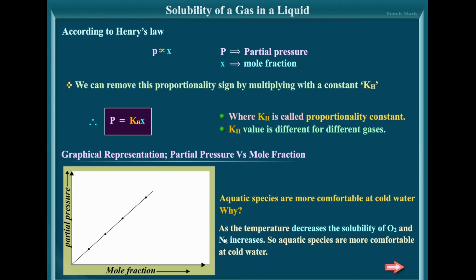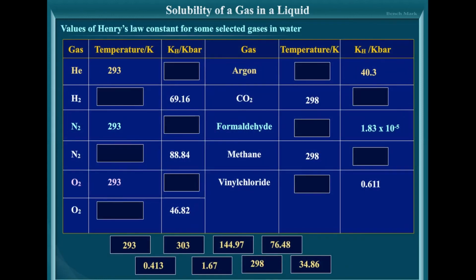So as the temperature increases, solubility decreases, and when the temperature is lowered, solubility increases. So aquatic animals are more comfortable in cold water because in cold water the temperature is low and more of these gases are dissolved.